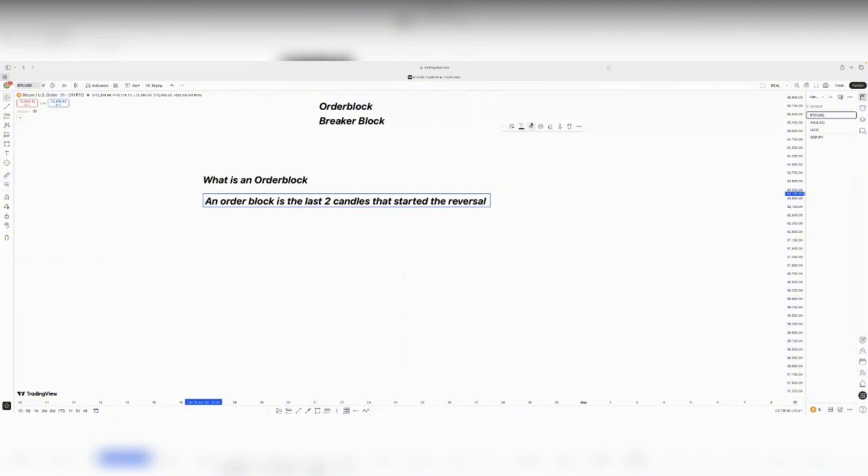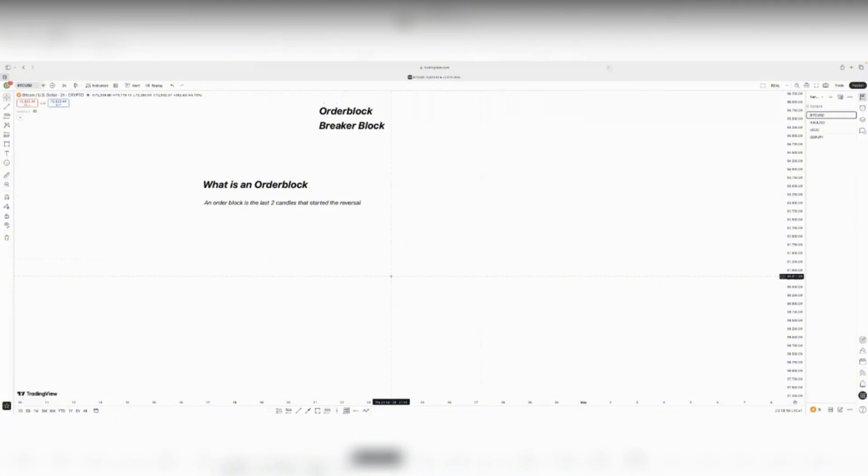Now, remember, before a new high or a new low can be made, there needs to be a reversal. Meaning, if price is bullish, since price does not move in a straight line, this reversal here, the last two candles that make this reversal, is an order block.